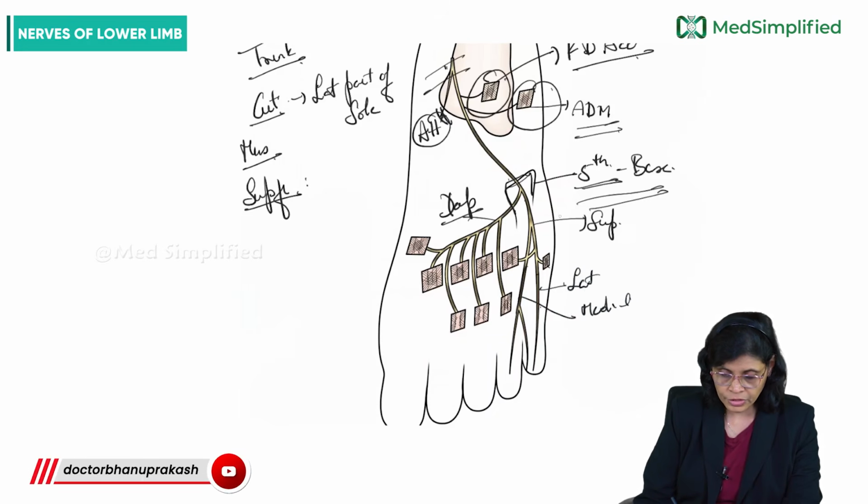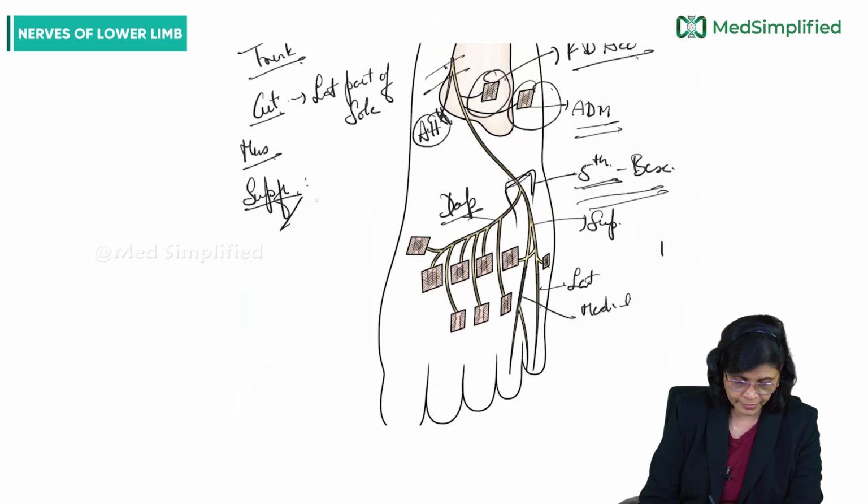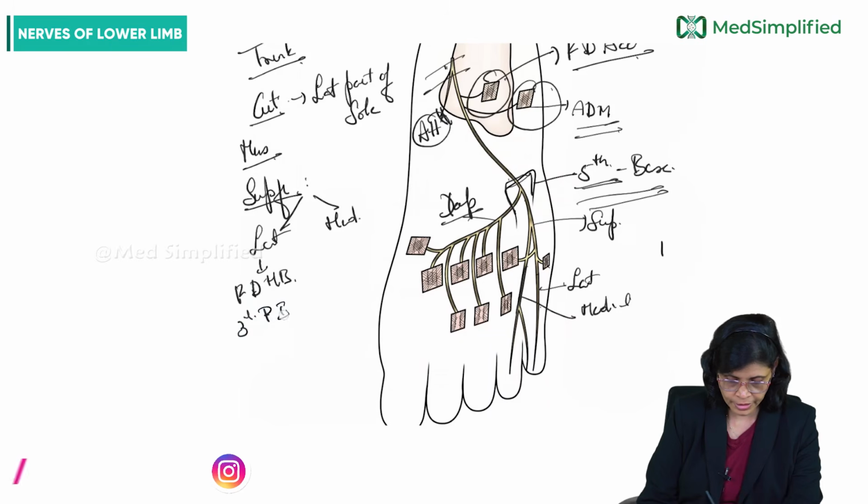The lateral branch will supply muscles. Lateral will be supplying flexor digiti minimi brevis, then the third plantar interossei and the fourth dorsal interossei.